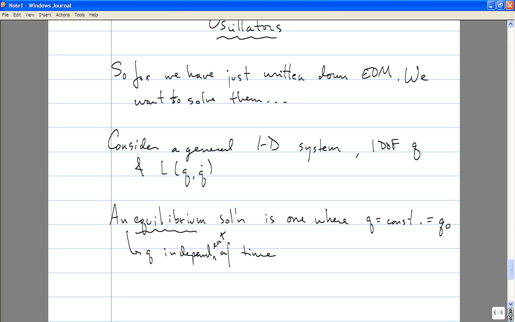The equations of motion will be the Euler-Lagrange equations: dL by dQ minus d by dt of dL by dQ dot is equal to 0. This is some second order differential equation.